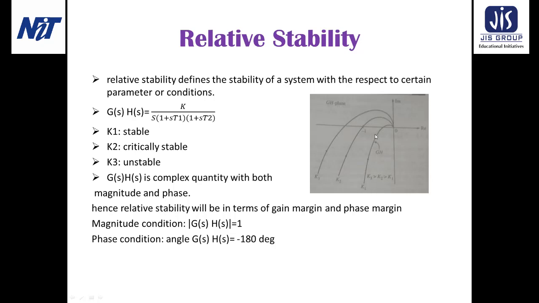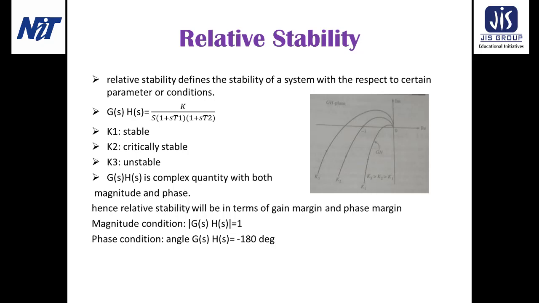Now, the polar plot of the open loop transfer function GH with the gain K2 just passes through the minus 1 plus j0 point. So the closed loop system at this stage is just at the verge of instability, that means marginally stable or critically stable.